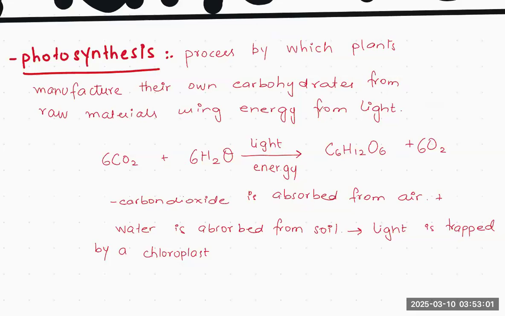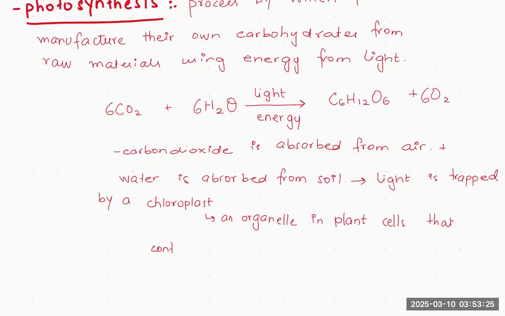Mitochondria is an organelle. So a chloroplast is an organelle in plant cells that contains the pigment chlorophyll and traps the light energy.